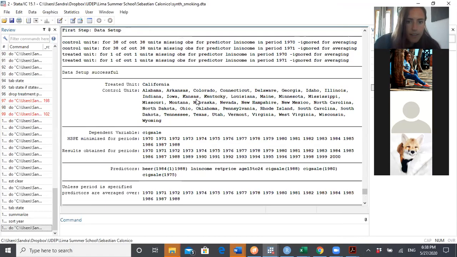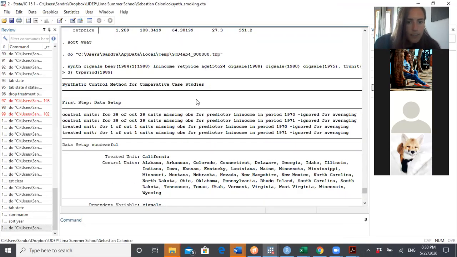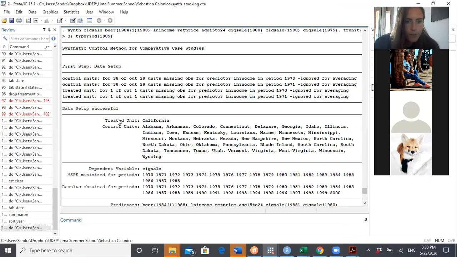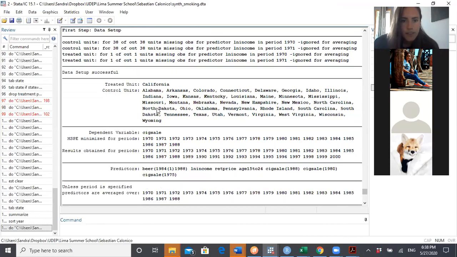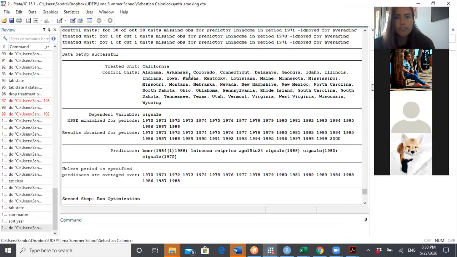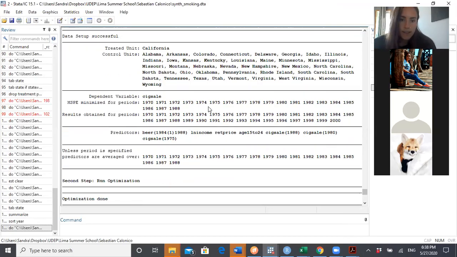So it automatically does nice things. It gives you the control units and treated units. The treated unit is California, and then all of the control units are here. The dependent variable is cigarette sales.